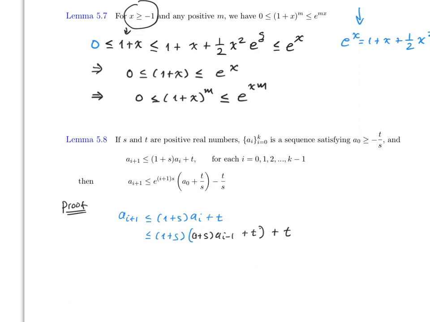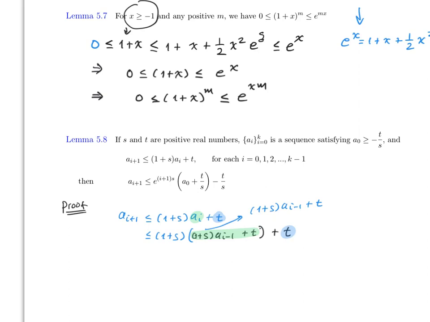Well, how do we get that? Well, this gives you all of this, and this t just stays right here. All right, notice that this one should be 1 plus s. It's not written correctly, so it should be 1 plus s a i minus 1 plus t.